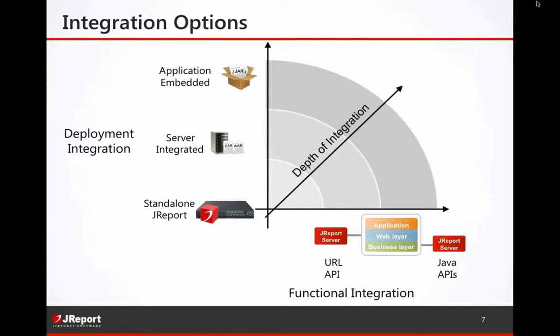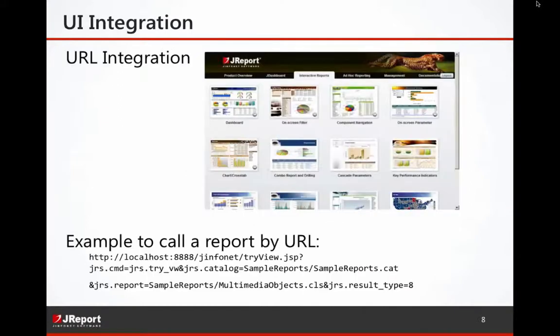You can design it to have different tabs, but at the end of the day, you're providing URLs attached to each of these icons to load up the reports and dashboards. Here's an example of a typical URL. I'm not going to go through it in detail, but you can pass parameters and call up different URLs inside of different catalogs.